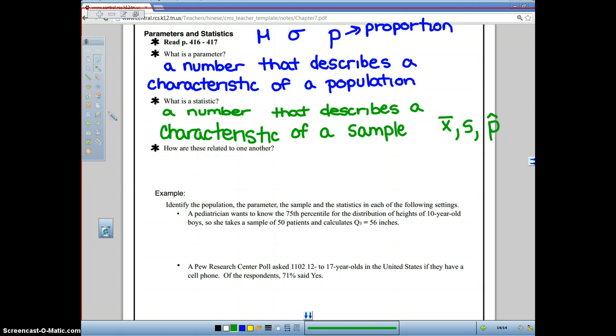These are related to one another because we use statistics to estimate parameters.